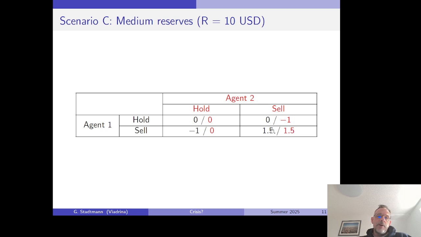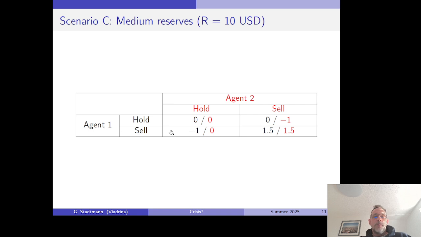What about the right lower cell? Is this a Nash equilibrium? Yeah, seems to be the case because when agent 2 plays sell, then agent 1 has no incentive to switch from sell to hold.